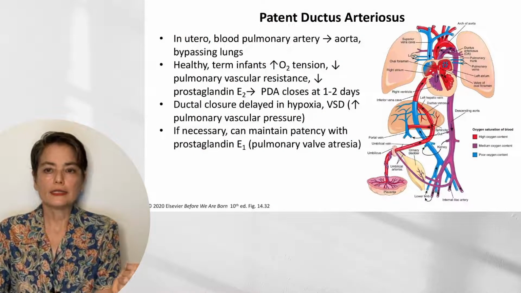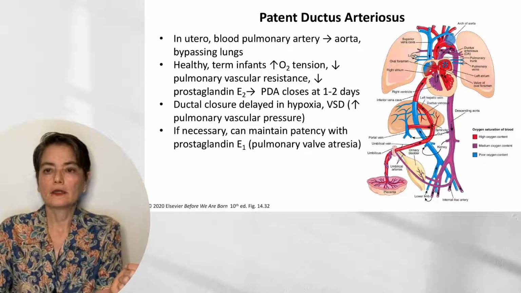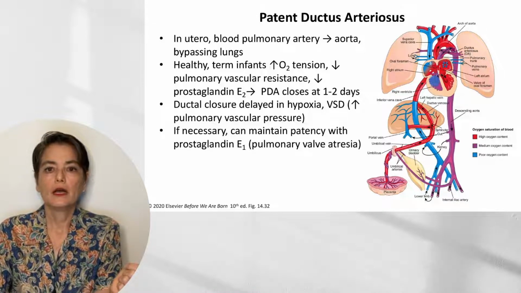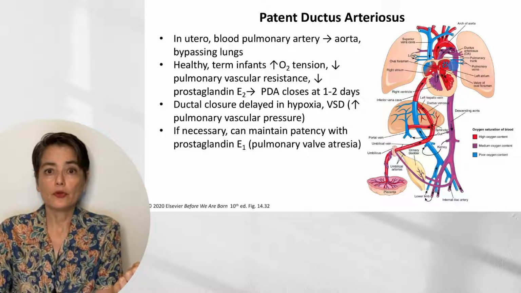Now, our final entity to discuss is our patent ductus arteriosus. This takes us again back to our embryology. And as you'll recall, that's that little channel. There's a little tube, but basically a vessel which is connecting our pulmonary artery to our aorta so we can bypass the lungs in fetal life. So in utero, this is very useful.